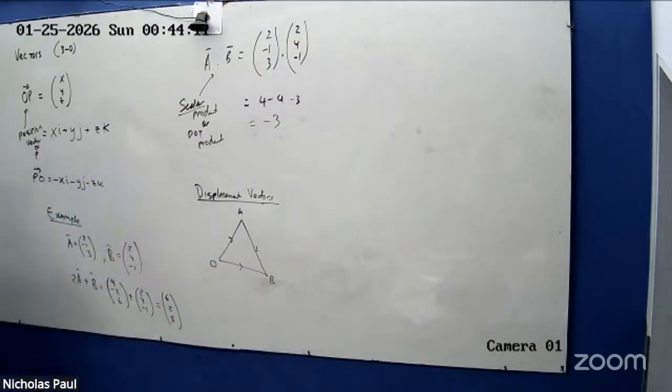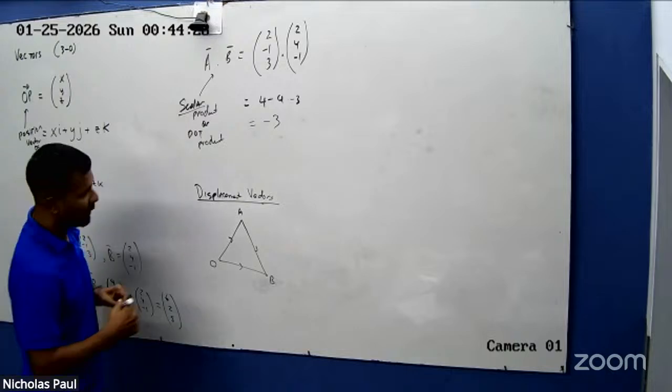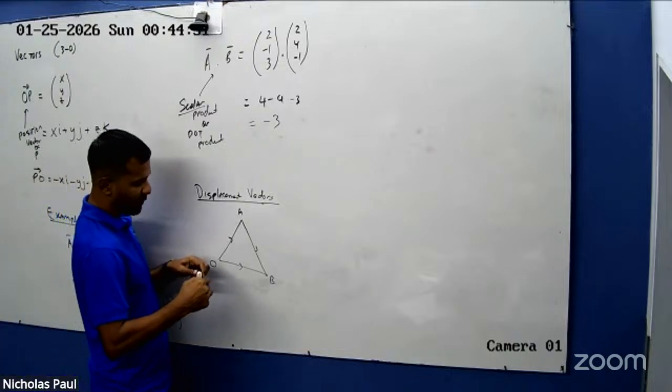Right? How do I find AB? How do I find the vector AB? What is it? A to O. Right. You're close.